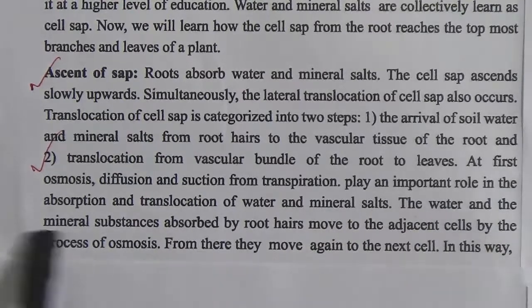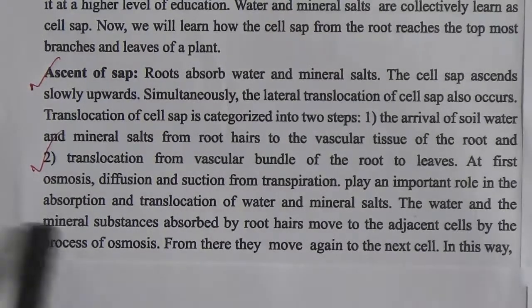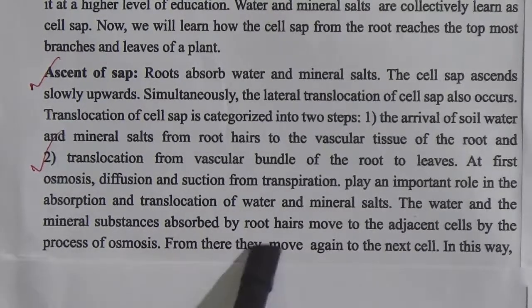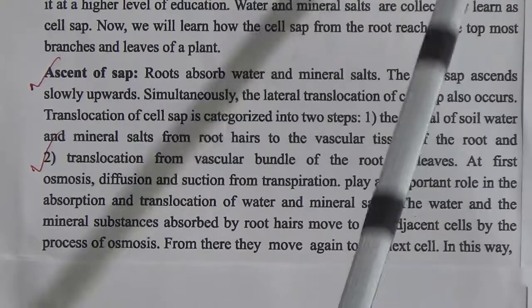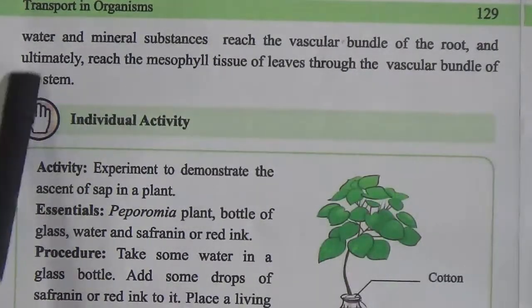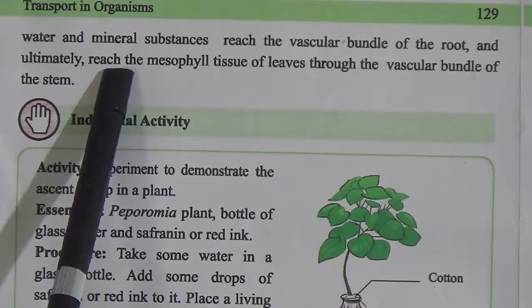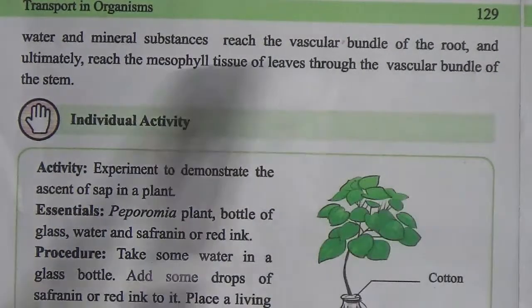The water and the mineral salt absorbed by the root hair move to the adjacent cell by the process of osmosis. From there, they move again to the next cell. In this way, water and mineral substances reach the vascular bundle of the root, and ultimately reach the mesophyll tissue of the leaves through the vascular bundle of the stem.